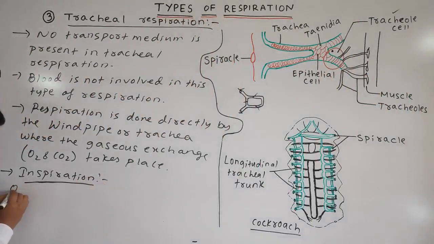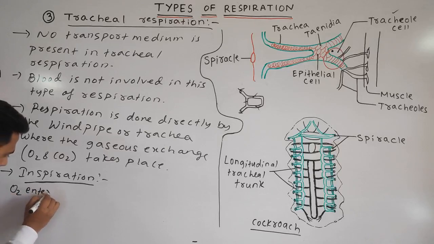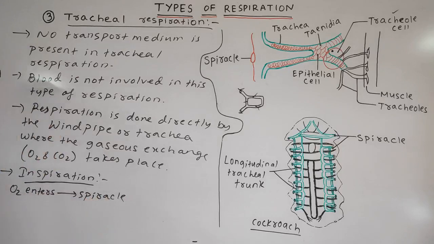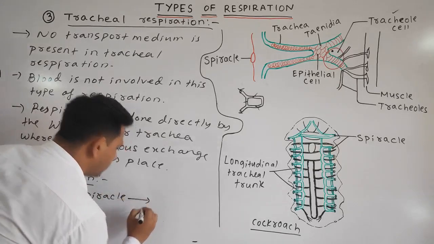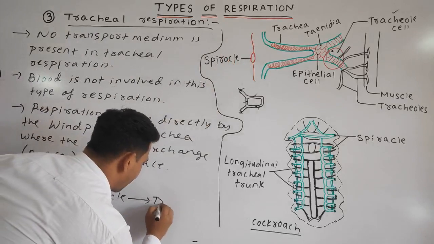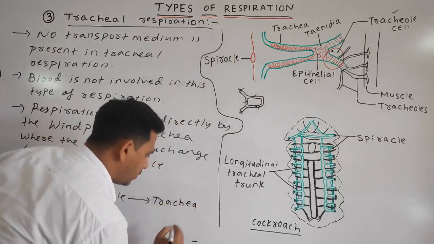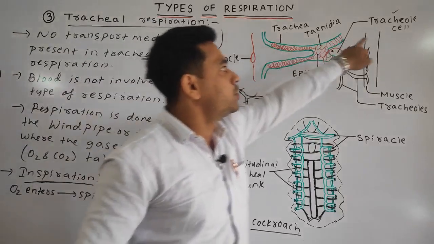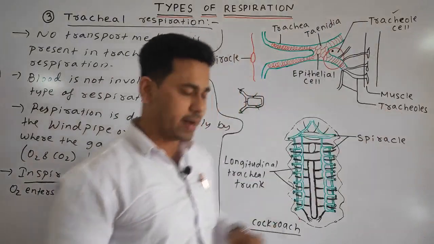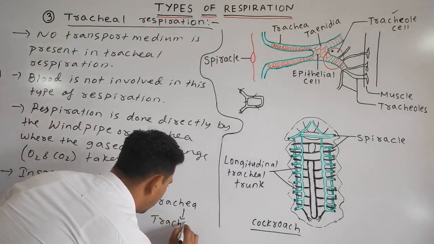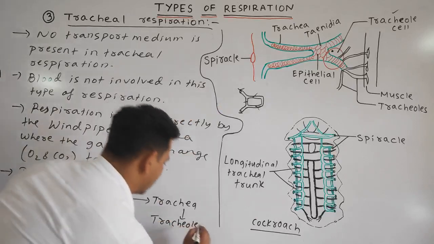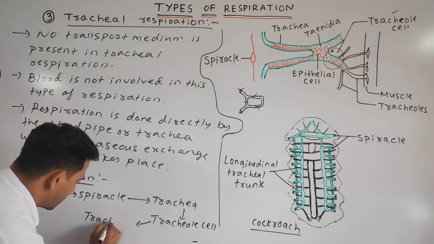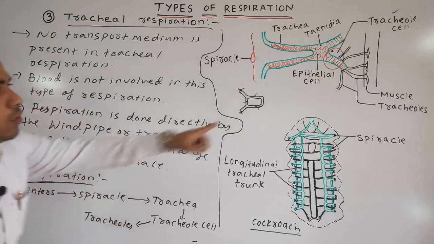So we'll write down our next point. First, the O2 enters into the spiracle. From the spiracle, the oxygen flows into the trachea. From the trachea, remember, it flows into the tracheal cell. From the tracheal cell, it comes into the tracheoles.